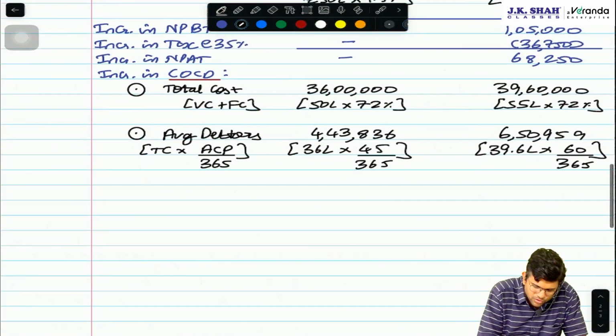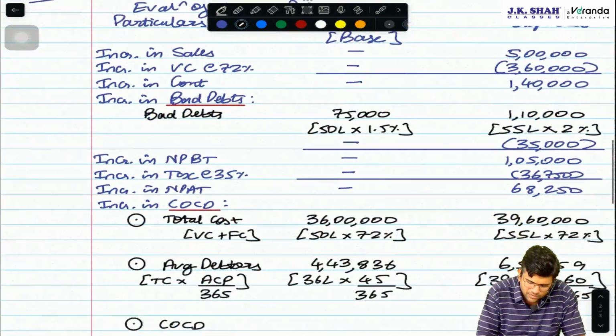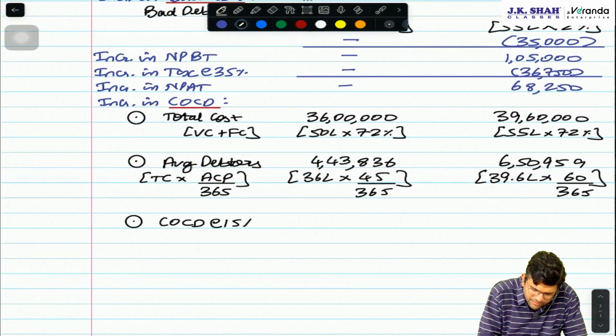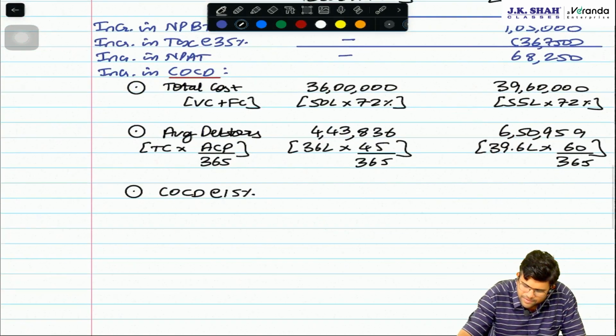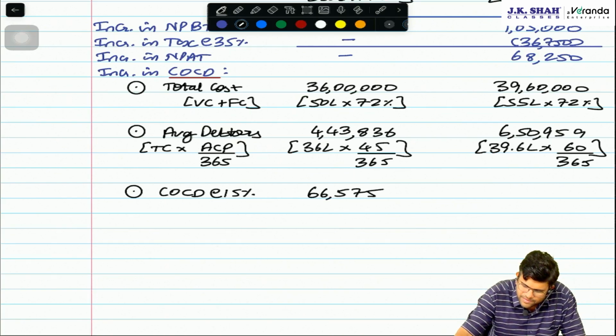Next step, students, will be the COCD, which is at the rate of 15%, no? COCD rate is 15%. So this will be 443,836 into 0.15, and as we had got earlier 66,575. This will be 650,959 into 0.15, and as we had got earlier 97,644.